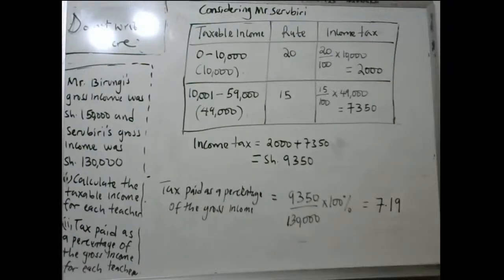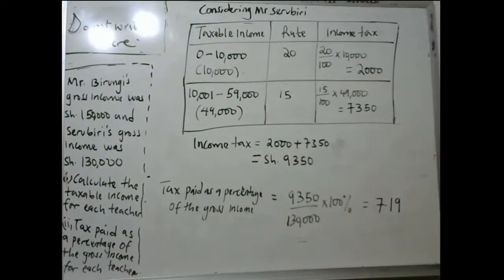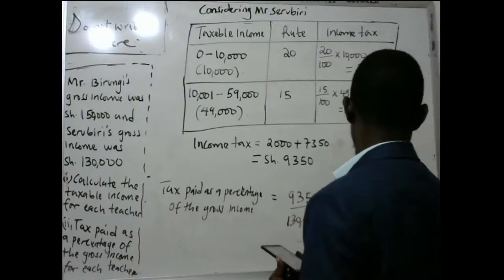Yeah, you use the 130,000 instead of 13,000. Have you got it? 7.192%. So that is the percentage that we are looking for.